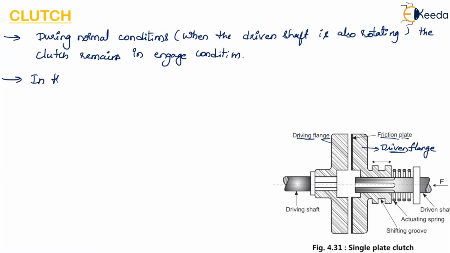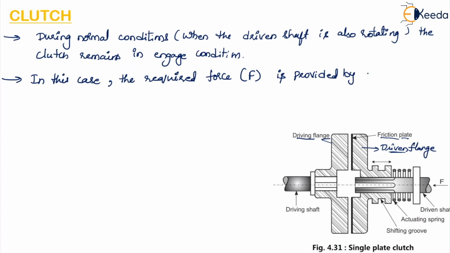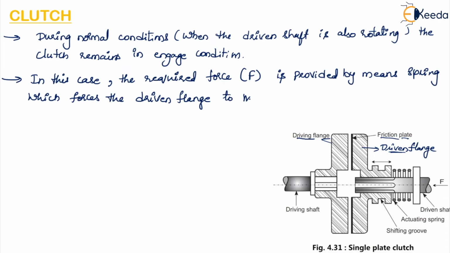So in this case, under normal conditions, when the driving shaft is rotating, the required force F is provided by means of a spring which forces the driven flange to make contact.